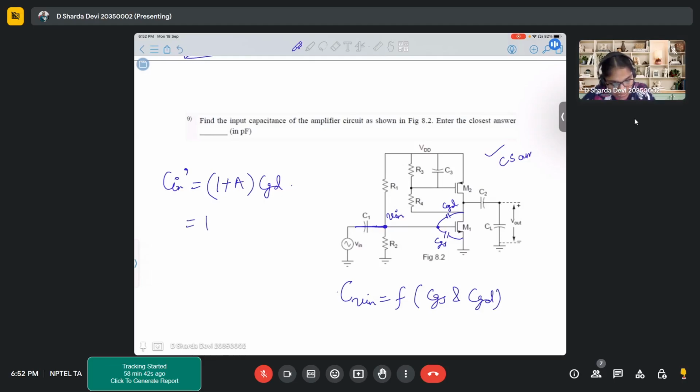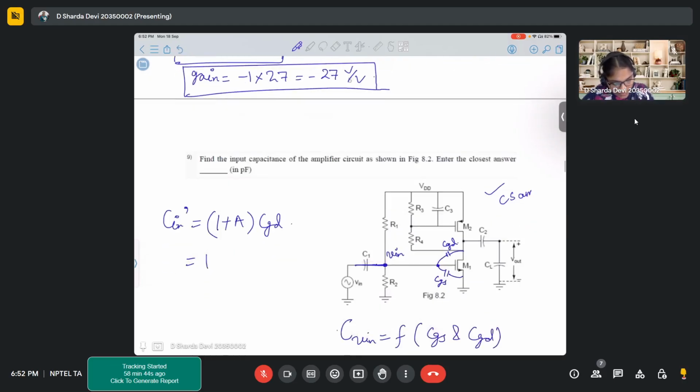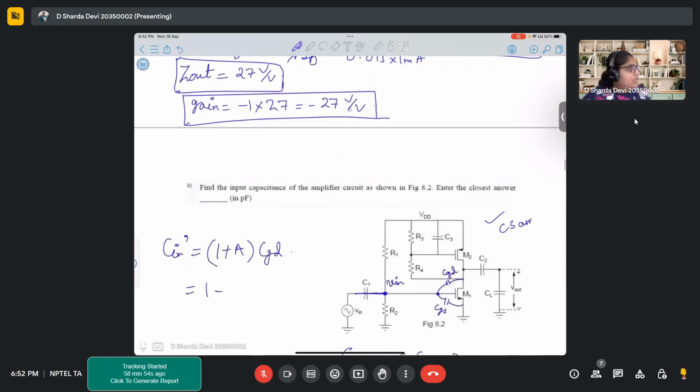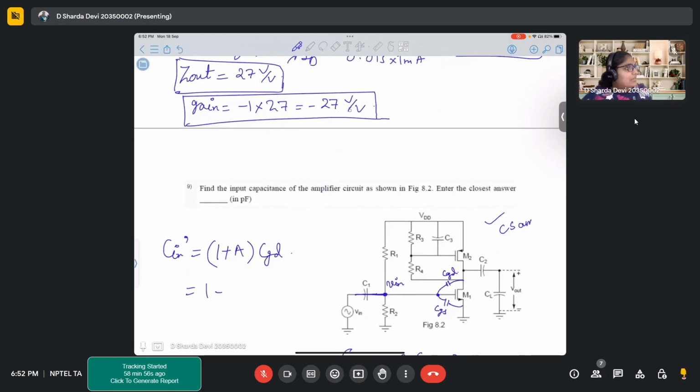So this is 1, here it goes minus 28. Ma'am, 1 plus, not 1 minus, I think. 1 minus, I think. 1 minus Vo by Vin, times CGD. Means gain should be added, I think.